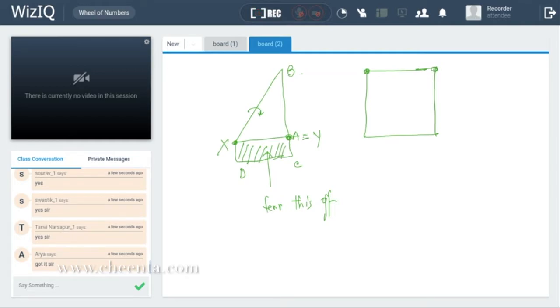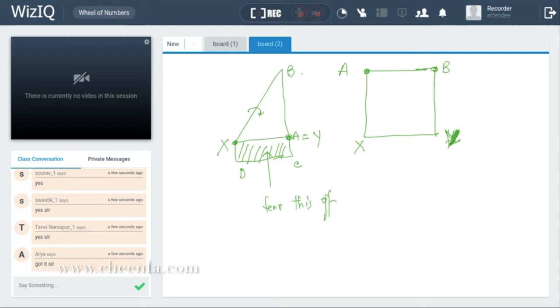So you have A, B, X, Y. You have A, B, X, Y. All right. So mark the point A as 0 and B as 1. In fact, you can do better. You can mark it as a coordinate.